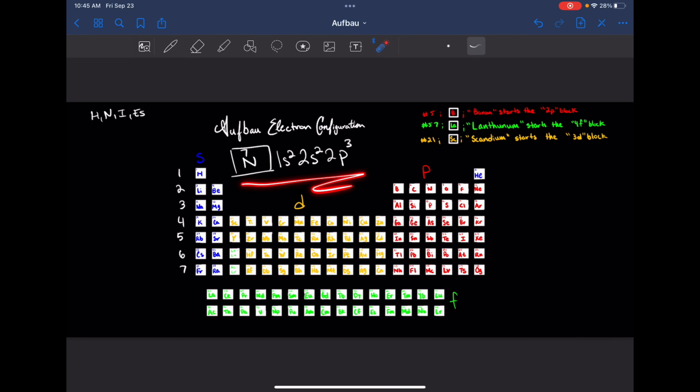And that's the electron configuration for nitrogen. Now, if we add these, 2 plus 2 plus 3, we get 7, which happens to be our atomic number, which, as I said earlier, is indicative of the electrons we have when we're writing the electron configuration.